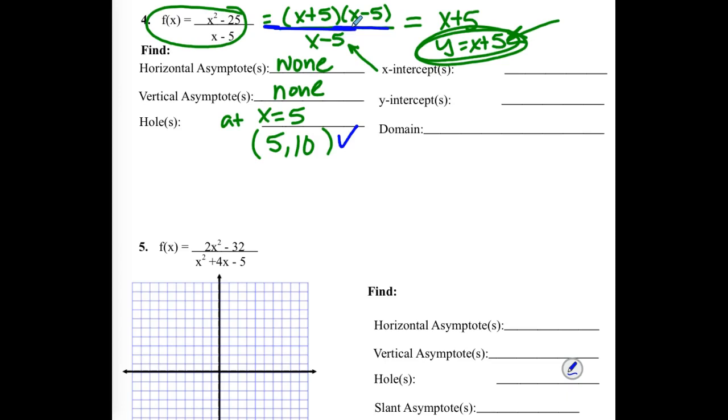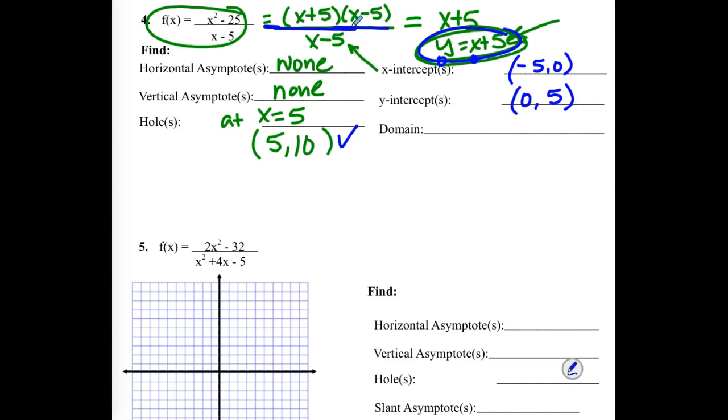It can't be an x-intercept and a hole at the same time. So when you find your x-intercepts, don't use the unsimplified version, use the simplified version. Okay? So putting a 0 in for y in the simplified version gives me -5. Putting a 0 in for x in the simplified version gives me a positive 5.